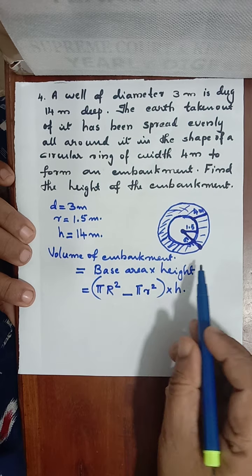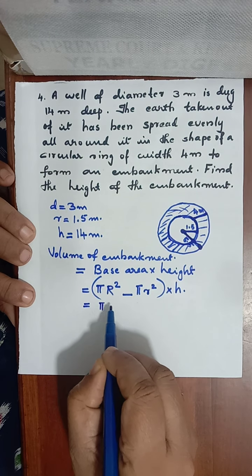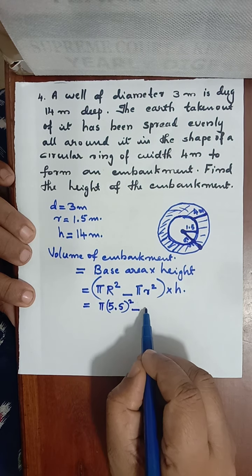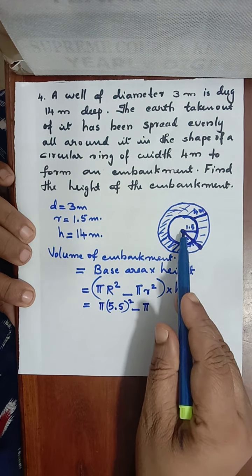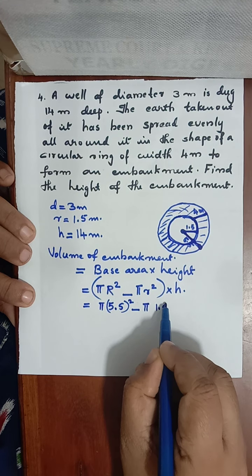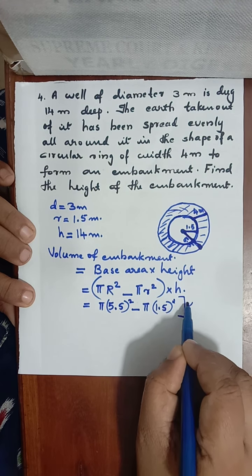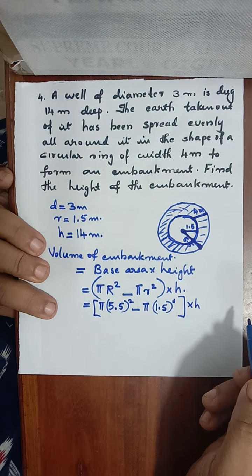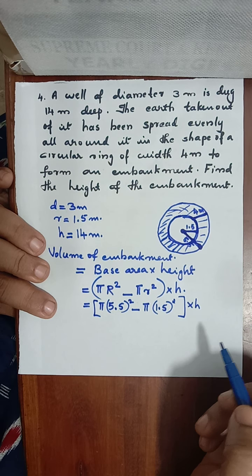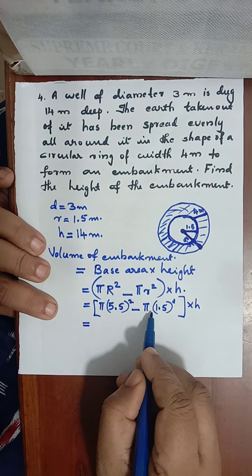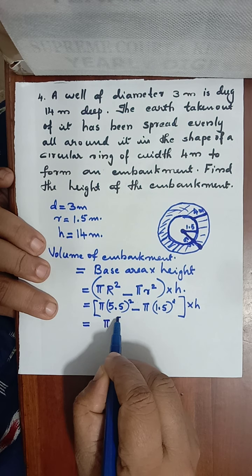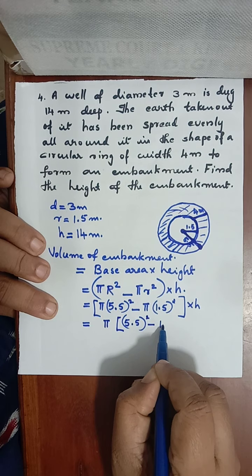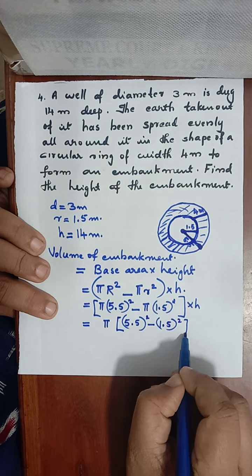So pi into 5.5 square minus pi into 1.5 square, this value into h, will be our volume of embankment. In one more method we can find it out. Here pi is common, so we have pi into 5.5 whole square minus 1.5 whole square, into h.